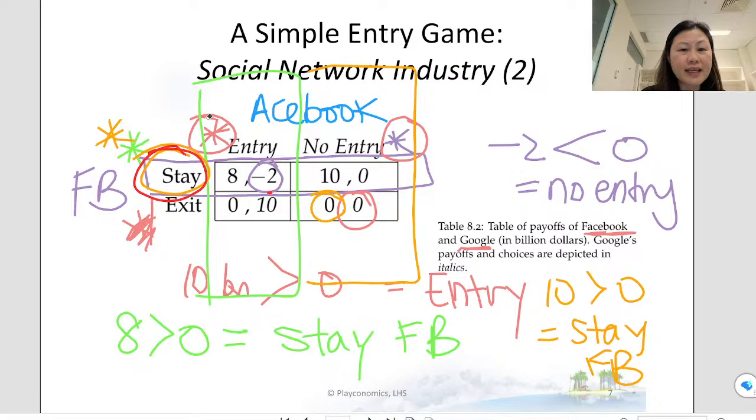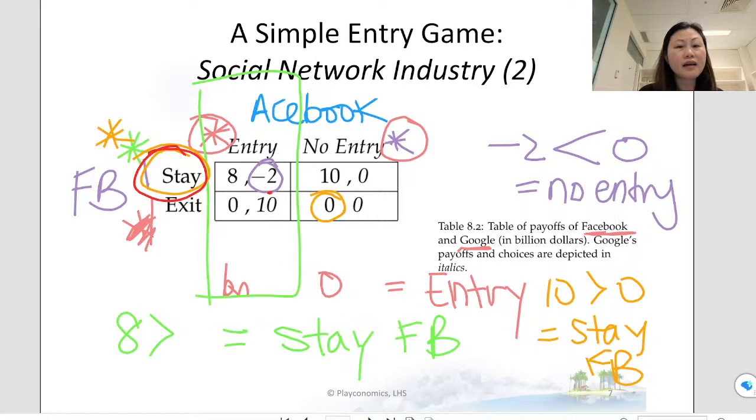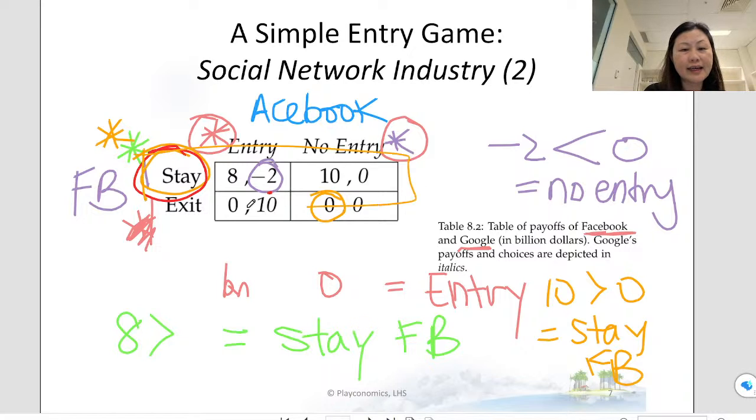In this particular instance, we say that if Facebook is staying, then Facebook entry into the market will lose them 2 billion. No entry will lose them 0. So we are going to not enter.